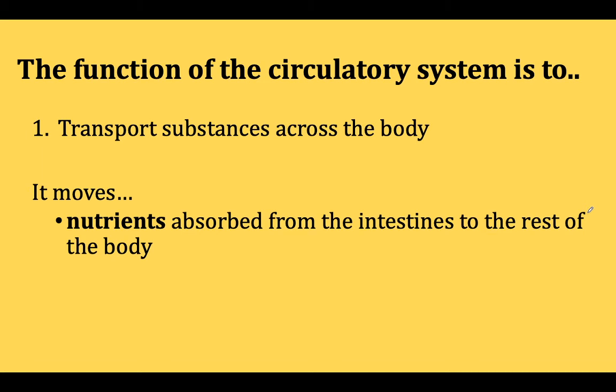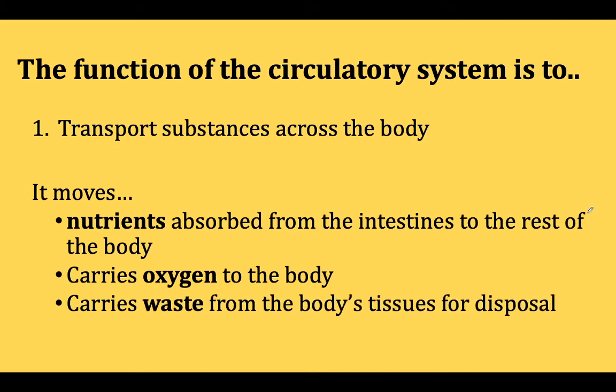That bloodstream then takes these nutrients and transports it to the rest of the body. Then we have oxygen. It carries oxygen to every part of our body. And lastly, it carries waste from the body's tissues for disposal.